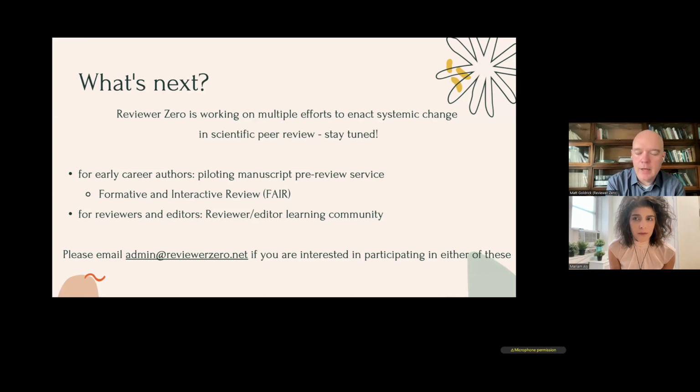We're piloting this right now, and we're hoping to expand it later. For people who are reviewers and editors, we have learning communities, and we're trying to work with people who serve in those different roles. If you're interested, just drop us a line at admin@reviewerzero.net.